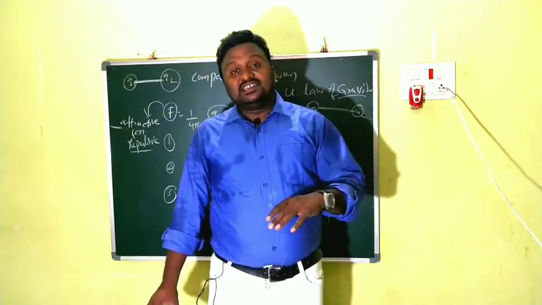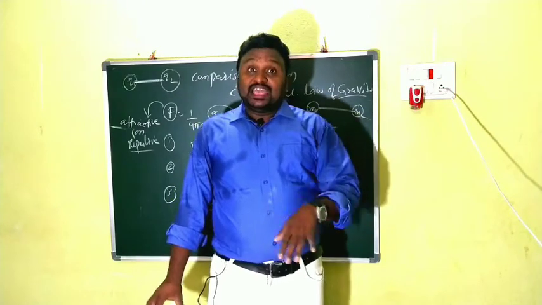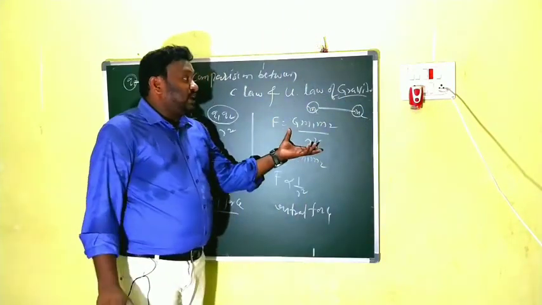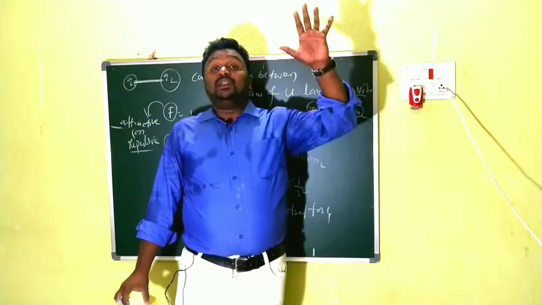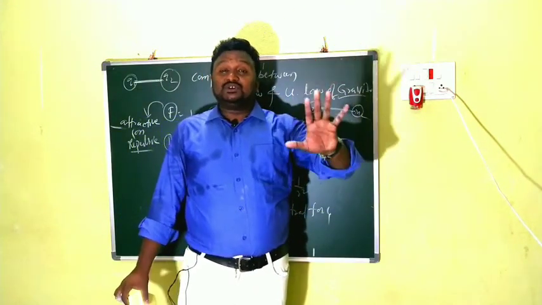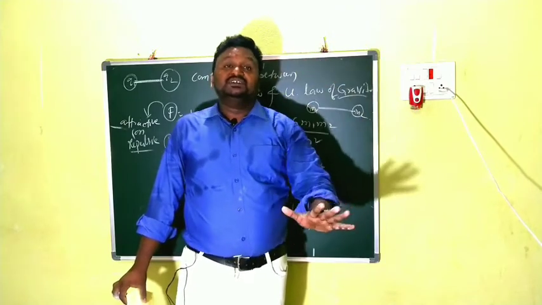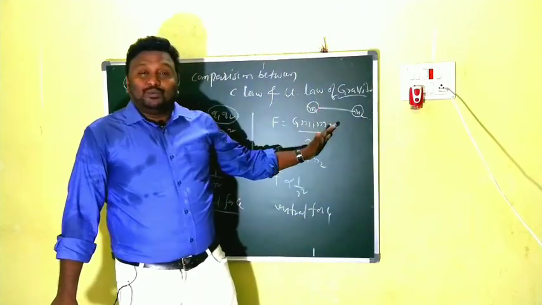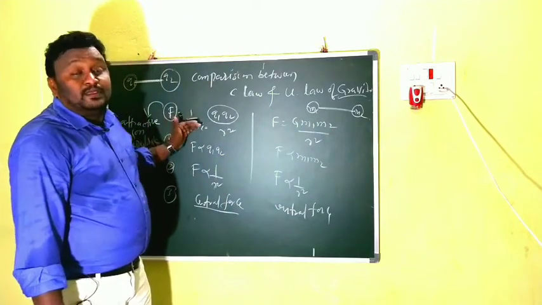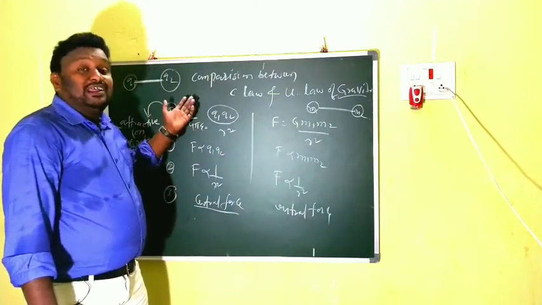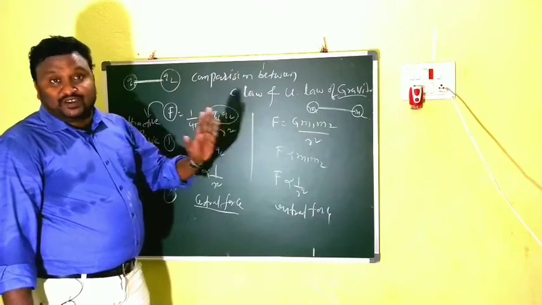If you take unlike charges, attractive force. But in the case of the universal law of gravitation, what do you have to say? There is only attractive force. Gravitational force is always attractive. It explains only attractive forces, whereas Coulomb's law explains both repulsive and attractive. That is the first difference.